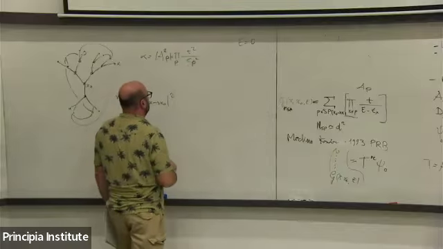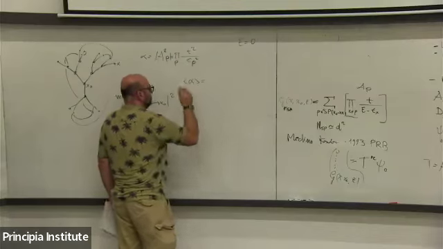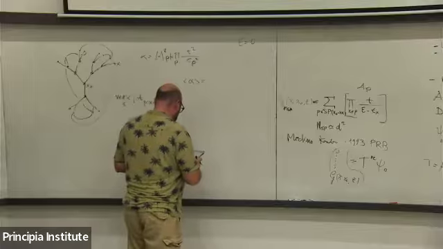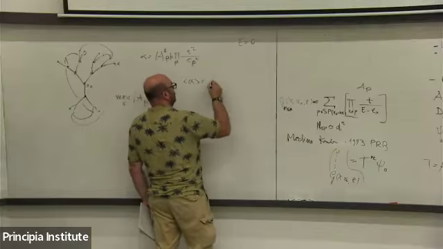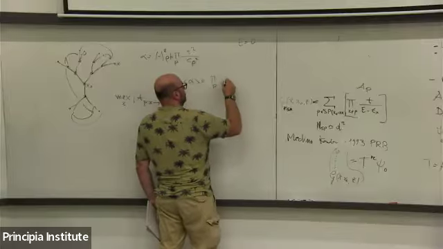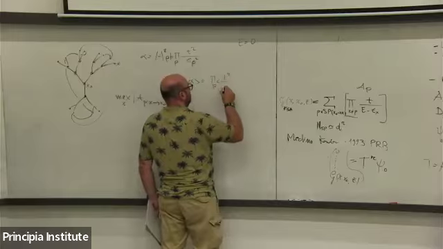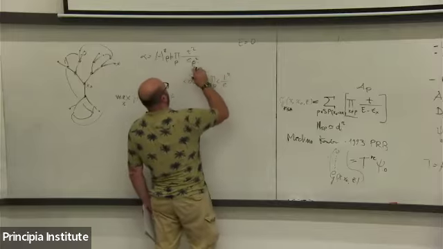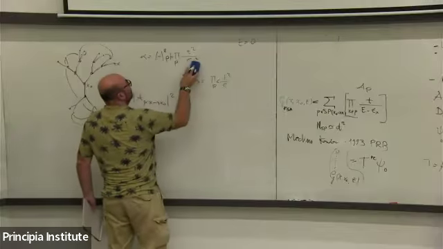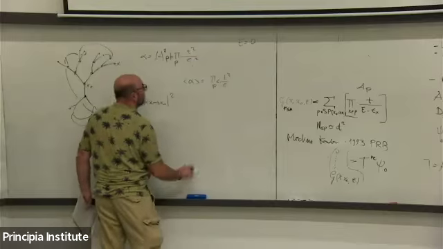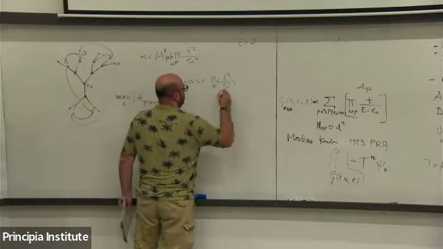First of all, let's take the average of alpha. So the average of alpha is the product over p of the average of t squared divided by epsilon x squared.